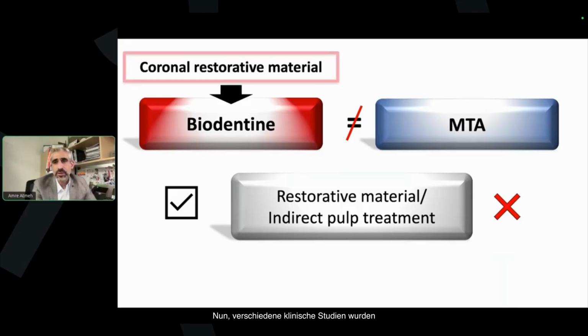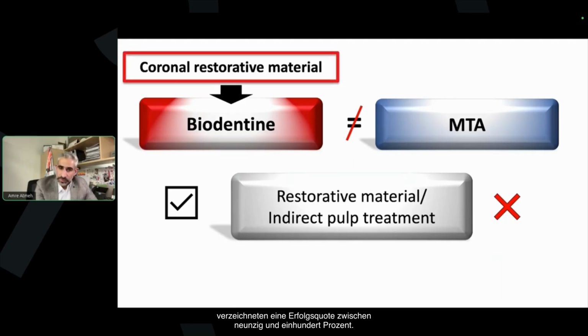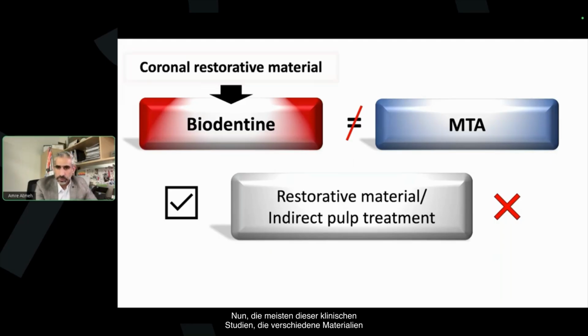With MTA, it's limited to use as a liner with vital pulp therapy or other conventional endodontic or surgical applications. So Biodentine is a restorative material suitable for indirect pulp treatment, which is not the case for MTA.